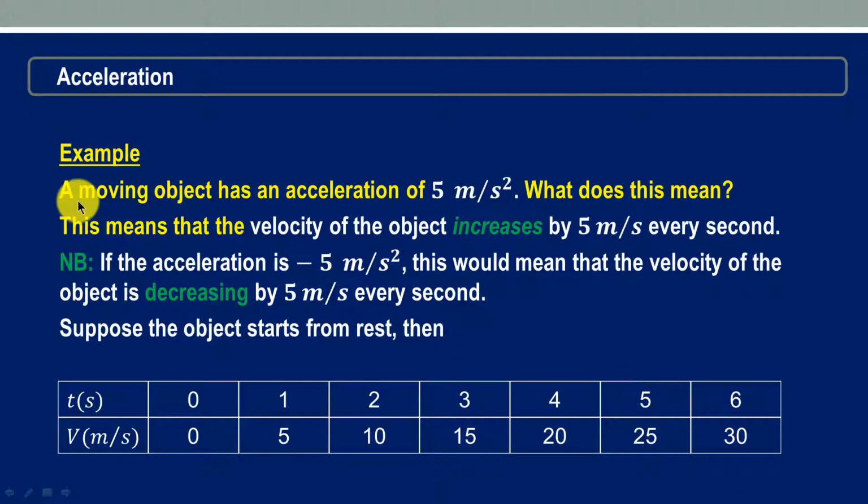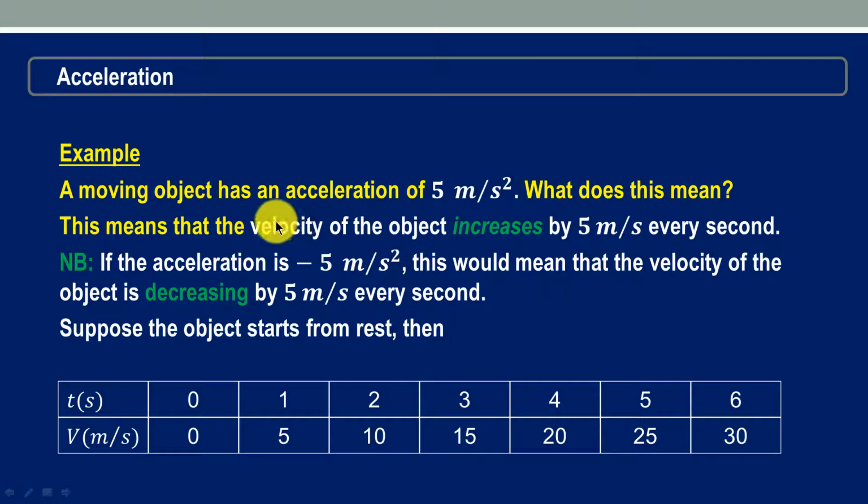So in that question, we were given that a moving object has an acceleration of 5 meters per second squared, and we want to know what this means. Now, 5 meters per second squared means that the velocity of the object is increasing by 5 meters per second every second.